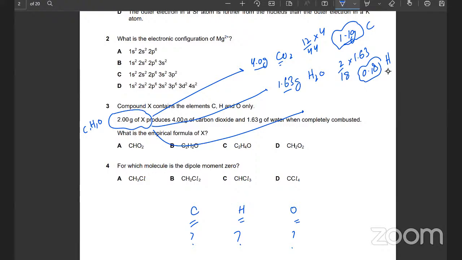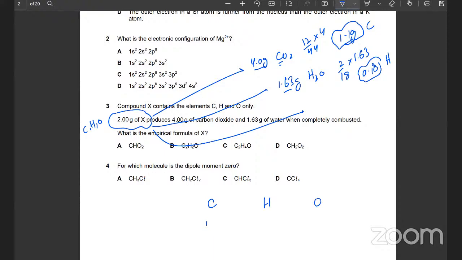The last thing is, how do I figure out the mass of oxygen now? Because they told us that the molecule also has oxygen. So how do I figure out the mass of oxygen? I figured out carbon, I figured out hydrogen, I just need to figure out oxygen.